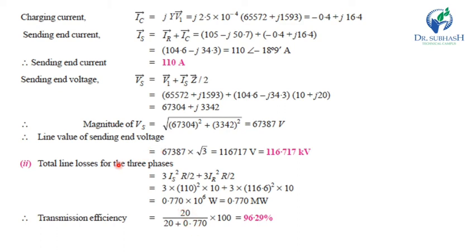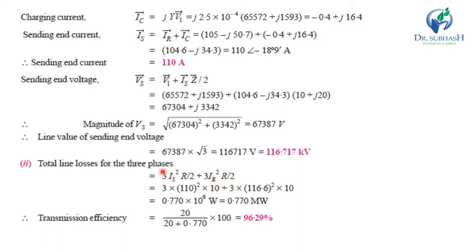So first we find the total line losses. Here, we know the resistance is split half on both sides. So we take R by 2 and R by 2, multiplied by the sending end current squared and the receiving end current squared, and we get the total losses.